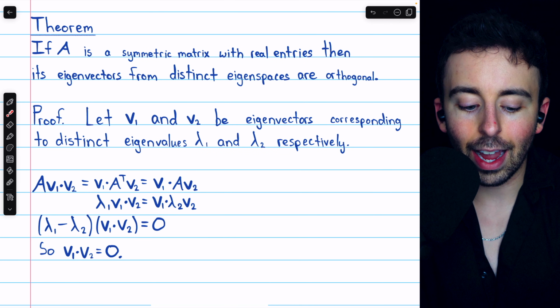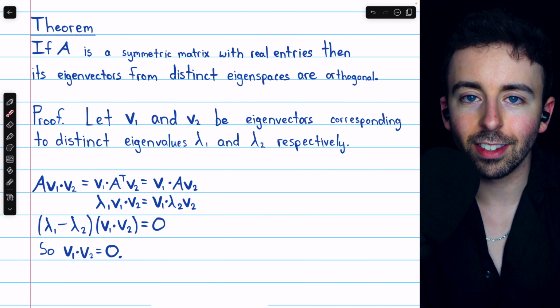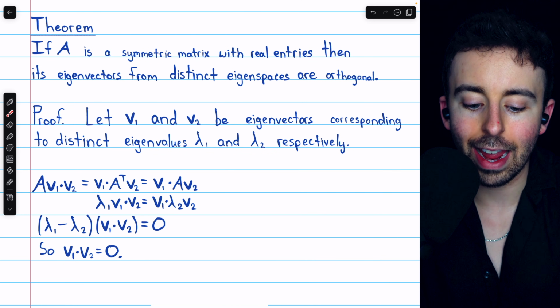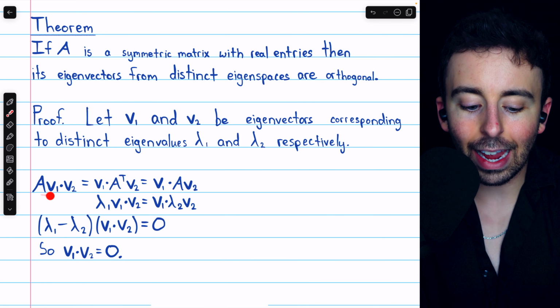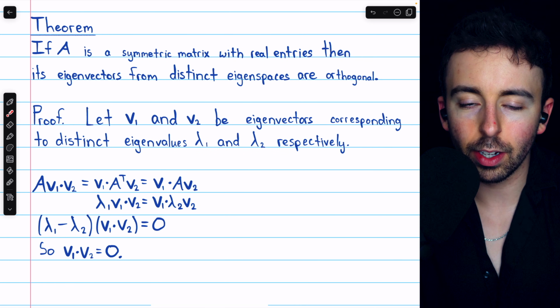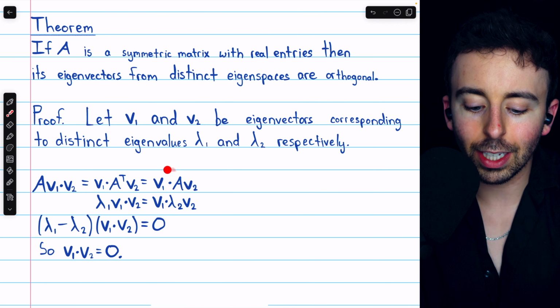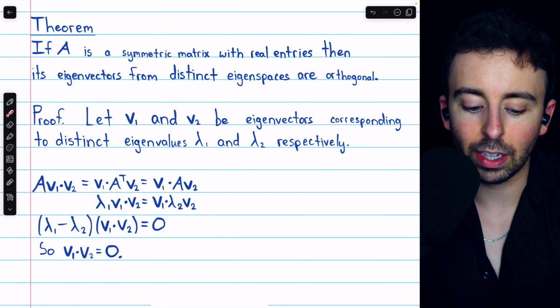Now, on this left side, there's A times v1, and since v1 is an eigenvector of A corresponding to the eigenvalue lambda 1, we know that A times v1 is lambda 1 times v1. Similarly, on the right side, A times v2 is lambda 2 times v2.